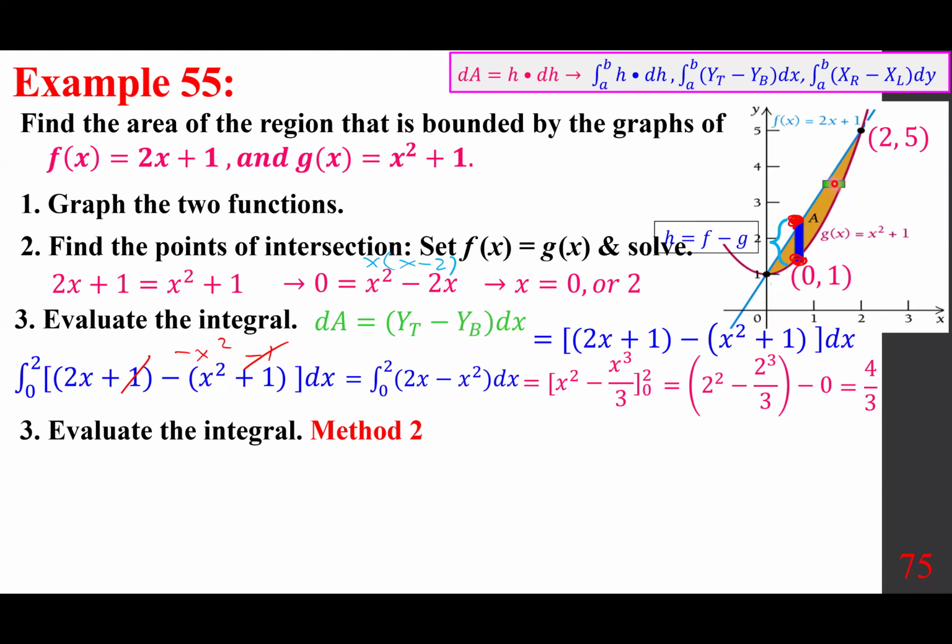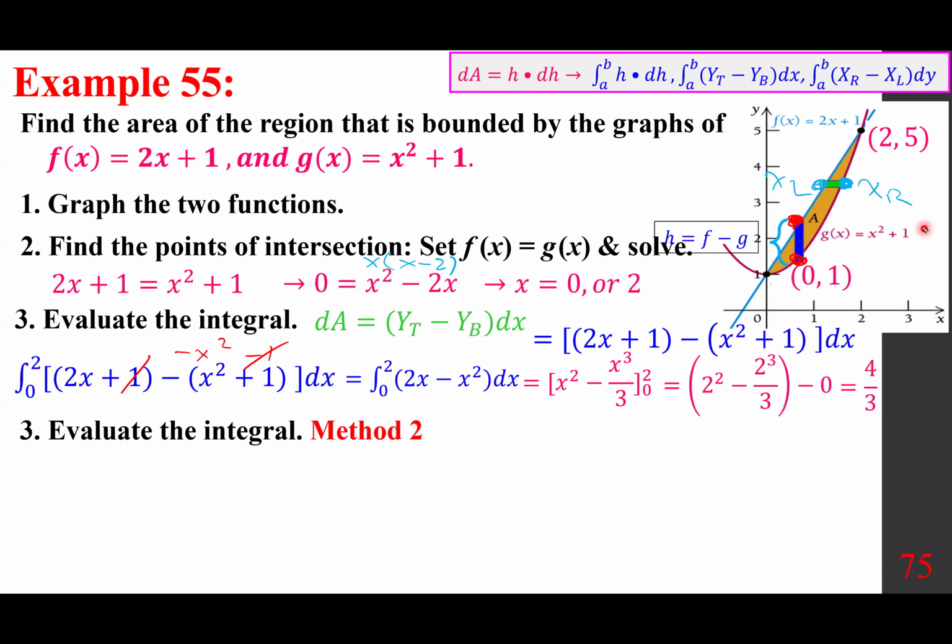Notice if you sweep this up and down, always, this is x of the right, this is x of the left, and it will always be like so. The line is always on the left and the curve is always on the right side. So you can do both methods.